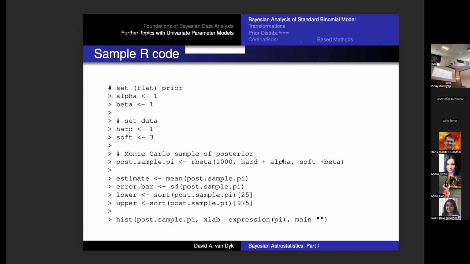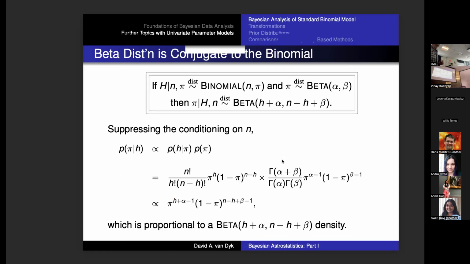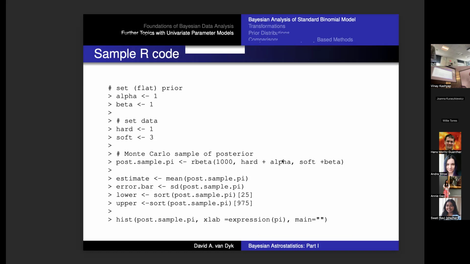And then I'm going to get a Monte Carlo sample. Because I know the posterior distribution, the parameters of the posterior are going to be beta, hard plus alpha, soft plus beta. So that's all that is doing there. I'm collecting a random sample in R from a beta distribution, given the sample size and the parameters.